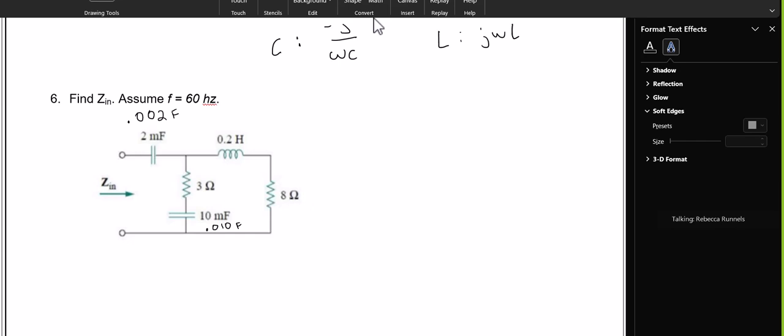And F is 60 hertz, so omega is 377. That comes from omega equals 2 pi F. The reason I know that it's 377 is 60 hertz just shows up a lot because that's the frequency of our AC. And so this is minus J over 0.002 times 377.